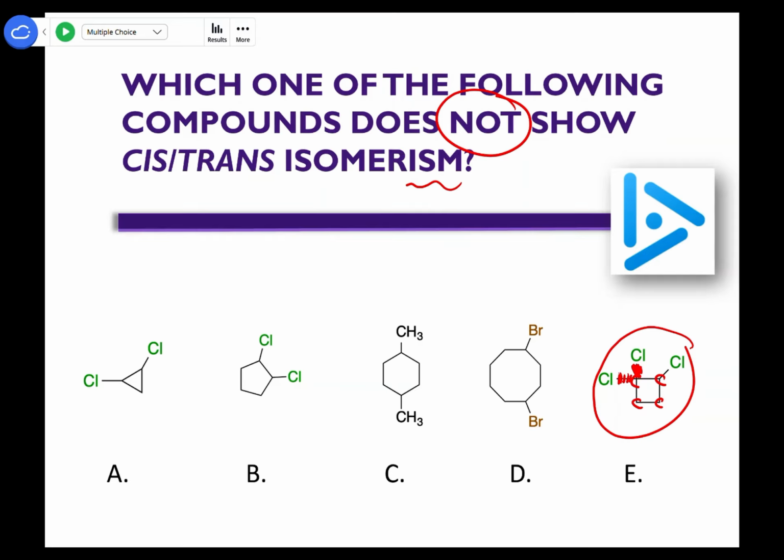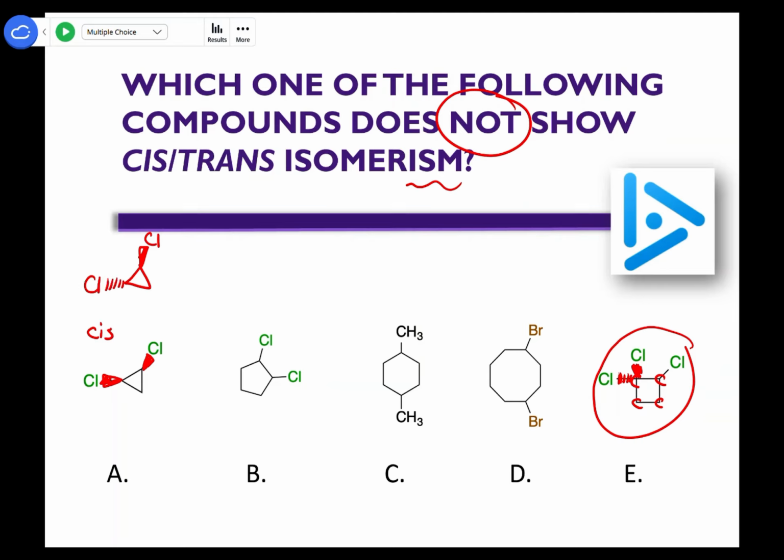Now in contrast, let's just look at A. A could have both chlorines coming towards you. We built a cyclopropane last class and looked at the arrangement of the carbon atoms and how the substituents can come above or below the plane. We could draw it like that, and this would be the cis version. We could build it with one of them still coming towards you, but one of them going away from you.